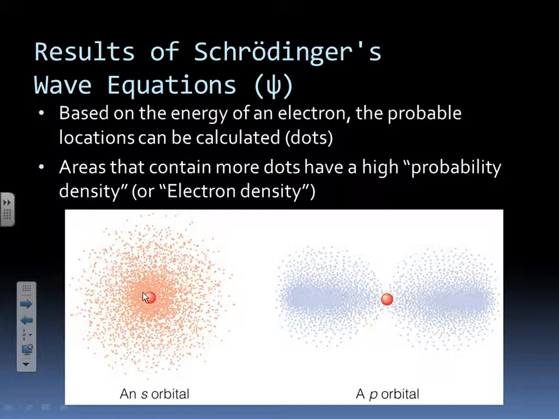Yes. Notice the possible locations start congregating in certain areas. What we find out is that the possibility exists that an electron could be anywhere around the nucleus. But the probability exists that it's within a certain area.